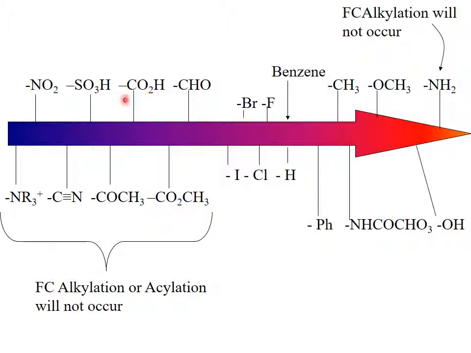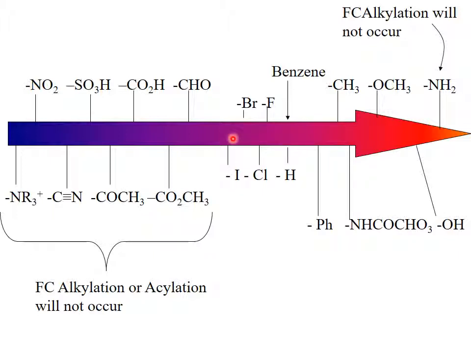So as long as you don't have a double bond to an oxygen like over here, these are going to be activating if there's a carbon. So all of these are activating and they are ortho-para directors. Benzene, of course, is our zero place. It's neither activated nor deactivated.